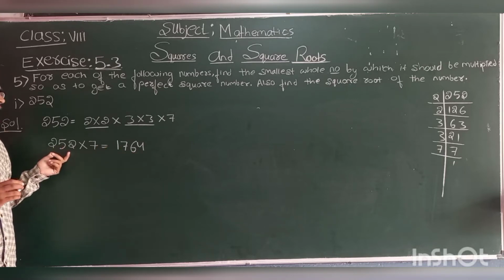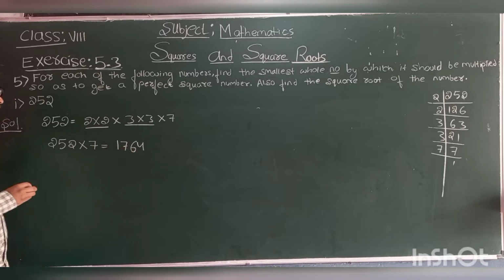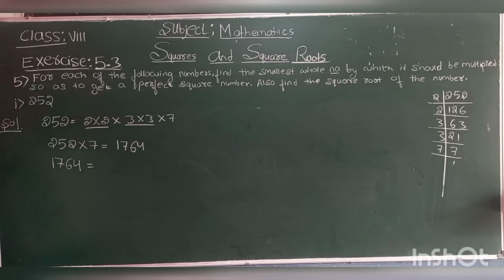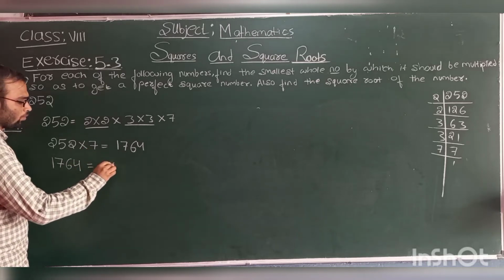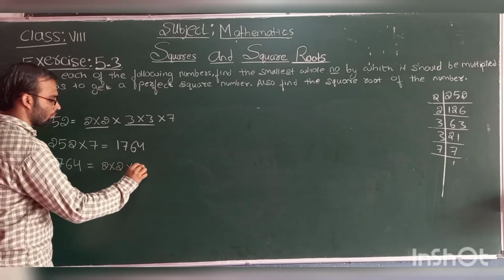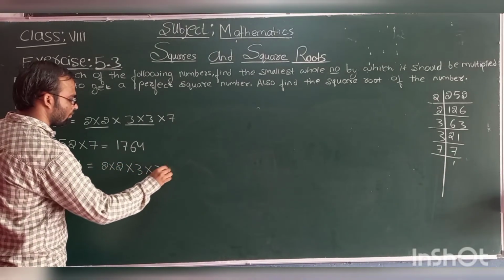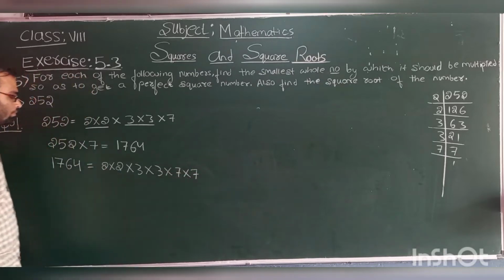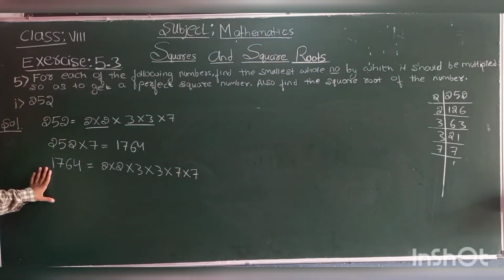So now we will write the factors of this number. Okay, so here 2, 2, 2. Students, what I have done now? I have written the factors of 1764.